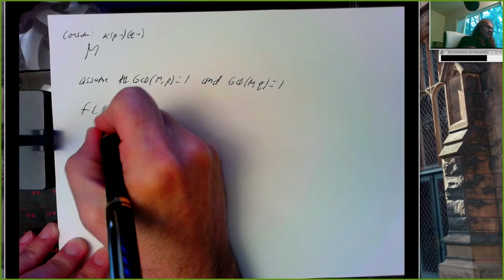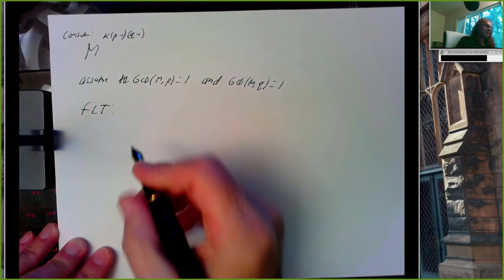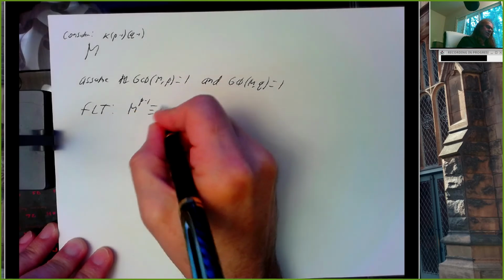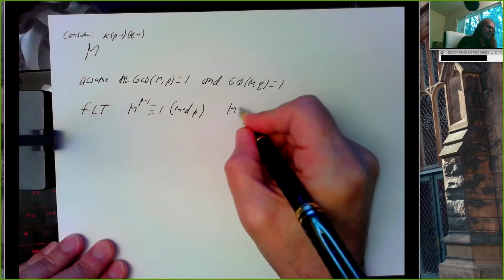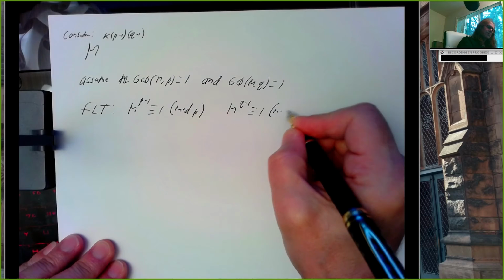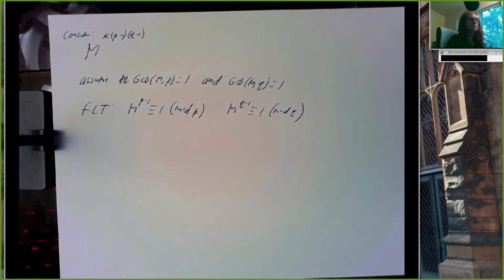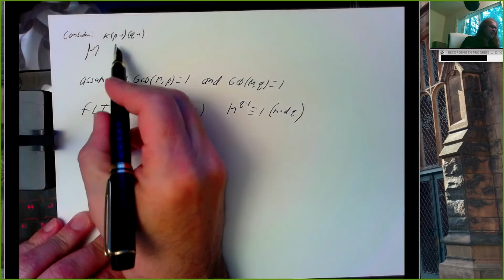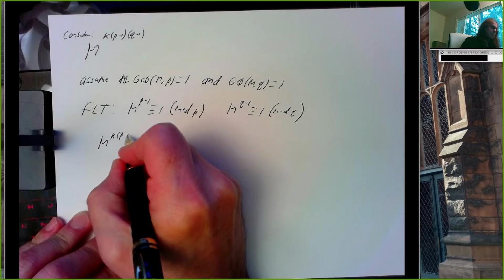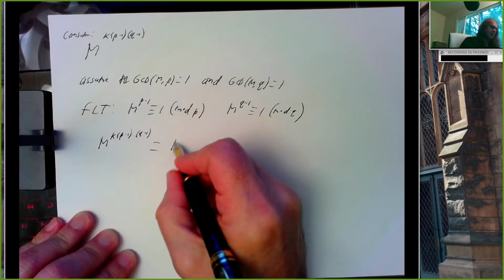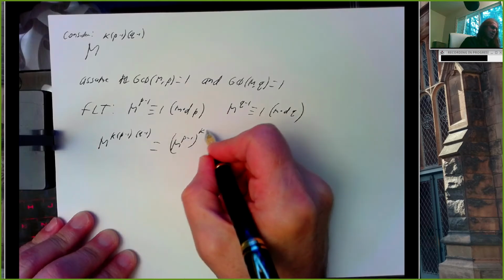So here we pull out Fermat's little theorem. Fermat's little theorem says M to the P minus 1 is congruent to 1 modulo P. And also M to the Q minus 1 is congruent to 1 modulo Q. So this expression, M to the K times P minus 1 times Q minus 1, is also M to the P minus 1 raised to the K times Q minus 1.